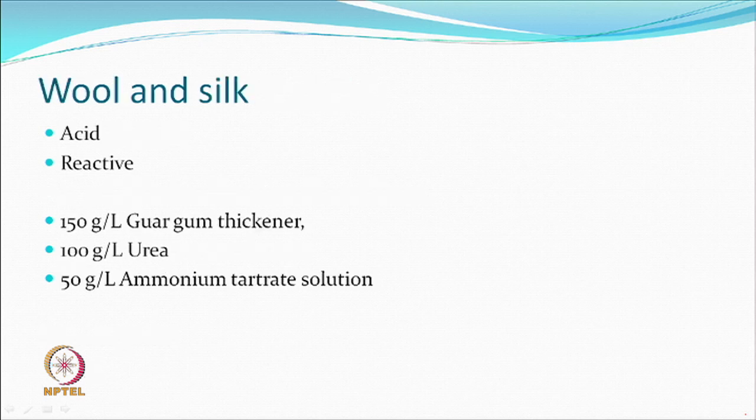So, wool and silk can be dyed by the acid dyes, which is the normal case, because the color gamut that is available looks pretty good, although reactives also can give similar effects, but acid inks are available specifically for wool and silk.